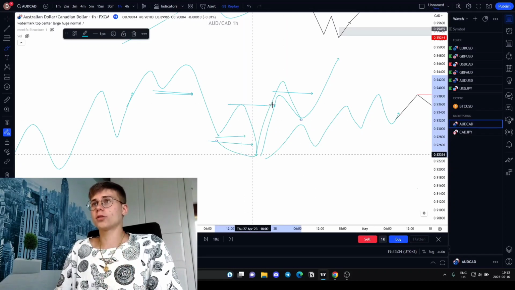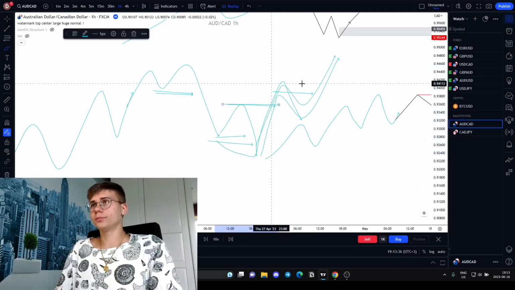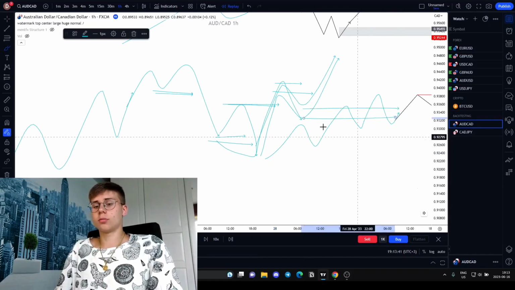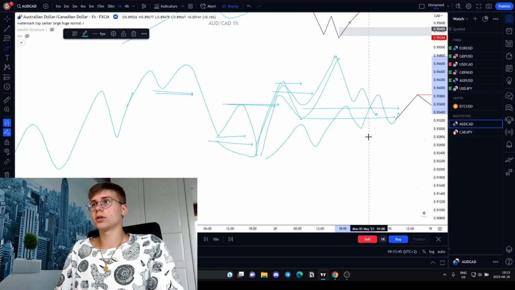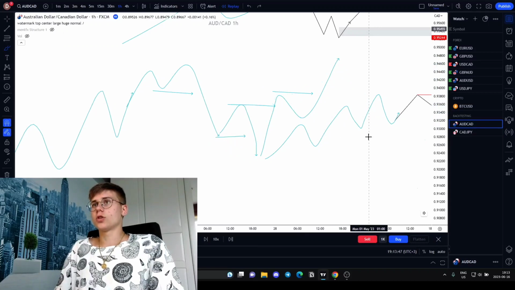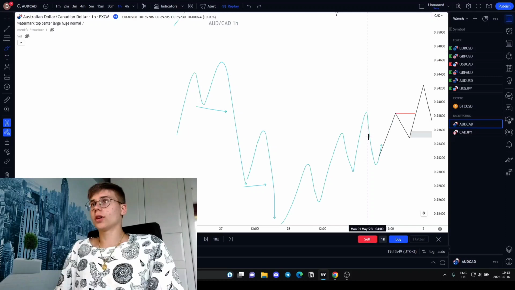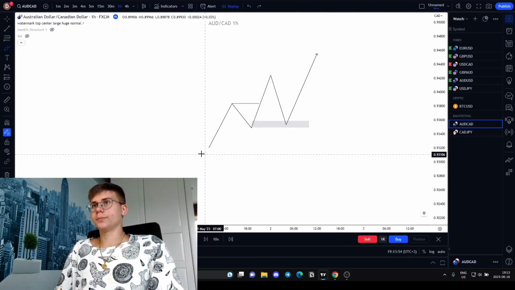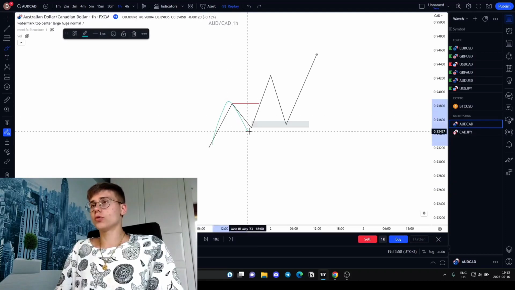price goes back to that trend, makes a double MB, and I am continuing marking my zones and waiting for price to come back in the demand zones. So a very important key is to have a clear structure. And for zones I need a break, and then I'm marking my supply demand zones.